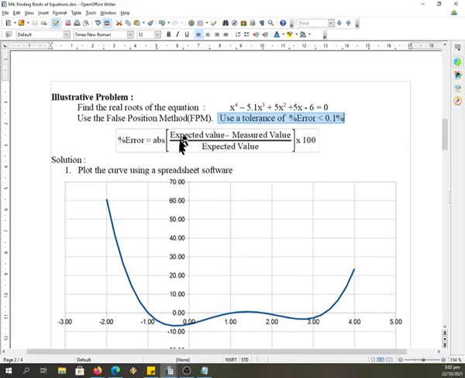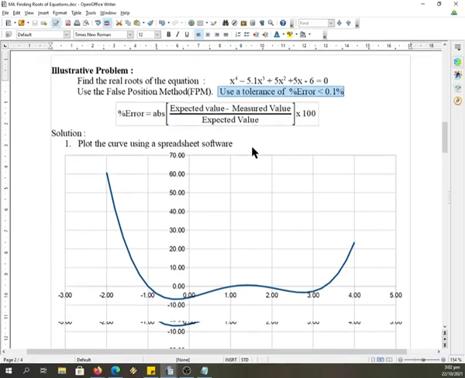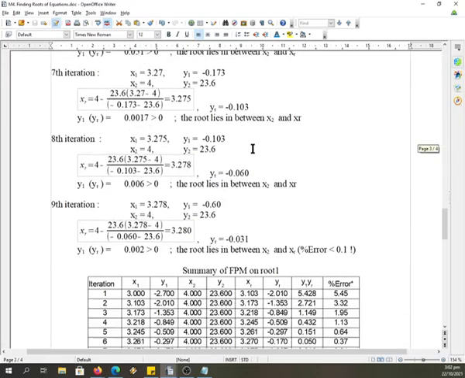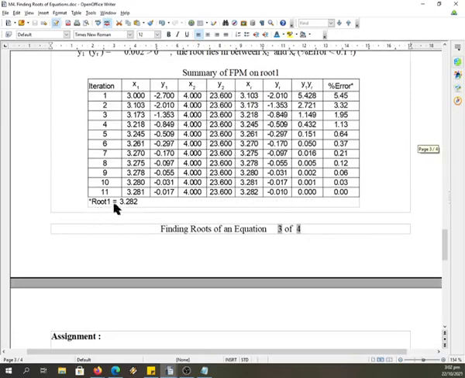The percent error is the absolute value of the expected value minus the measured value divided by the expected value. In this case, we use a calculator to determine the expected value. For most Casio calculator users, you can use the solve function of your calculator. In the solve function, the expected value, the root, is 3.282.